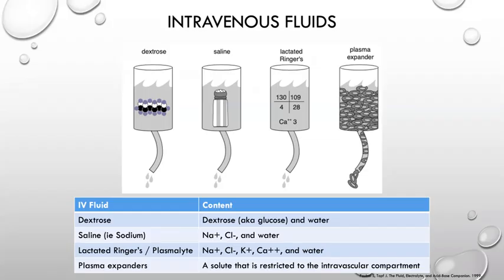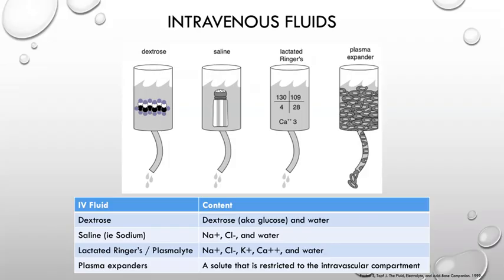Dextrose solutions distribute across all three water compartments because both water and dextrose, aka glucose, are permeable to the cell membrane. Saline solutions distribute in the extracellular compartments because the cell membrane is not permeable to sodium, but the capillary wall between the interstitial space and the intravascular compartment is.